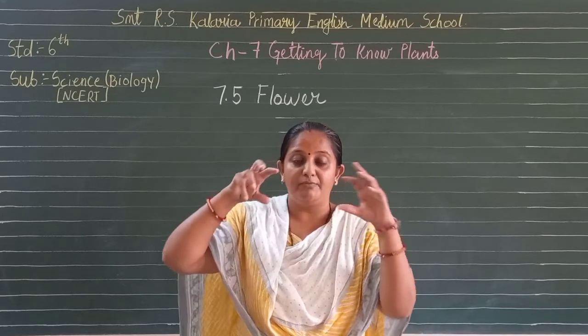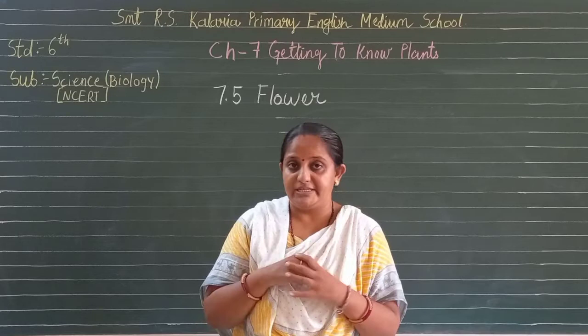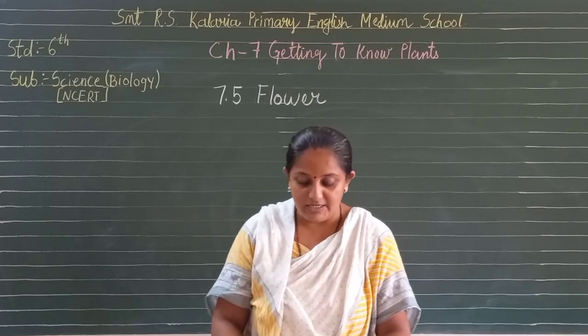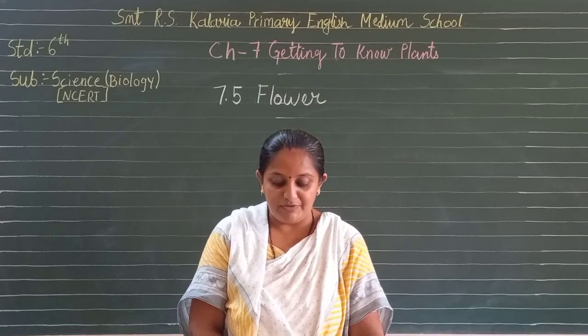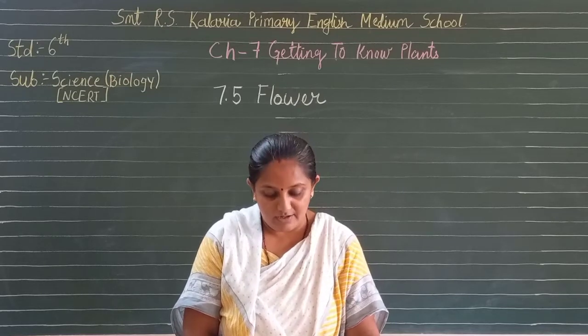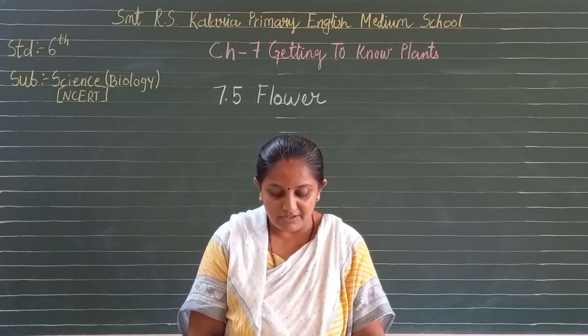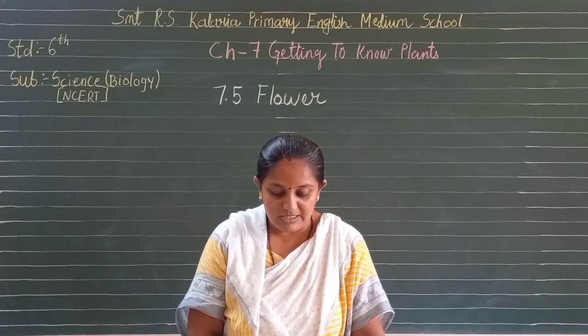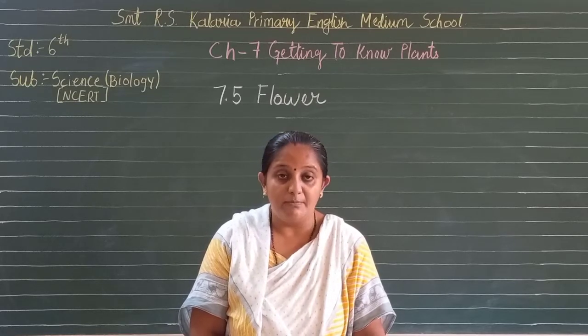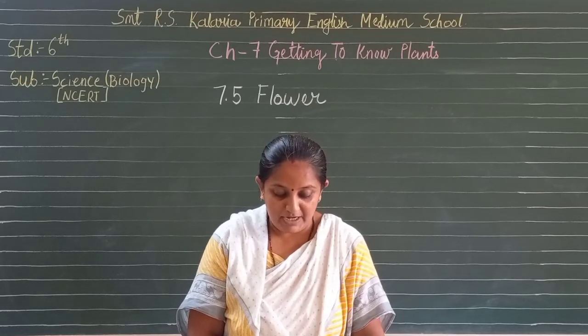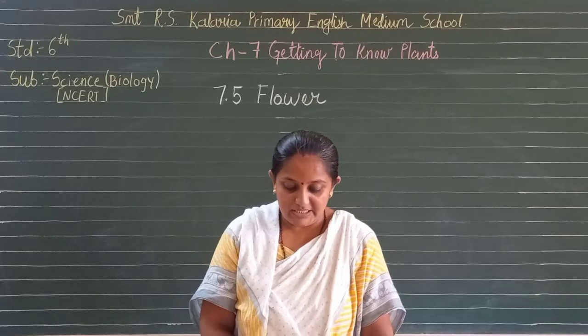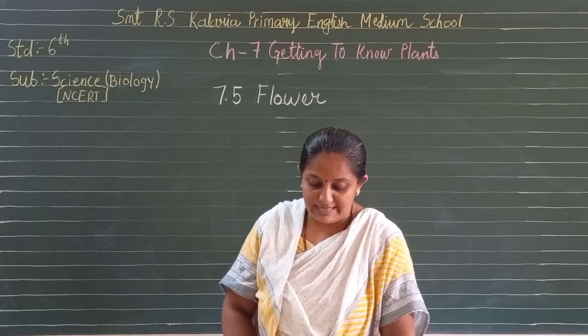The prominent parts are petals. So different flowers have petals of different colors. Now where do you think the petals are in a bud? This is the most prominent part in a bud. Did you see that this part is made up of small leaf-like structures? They are called sepals.